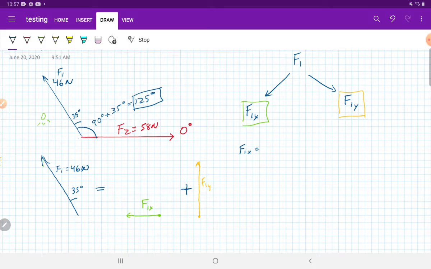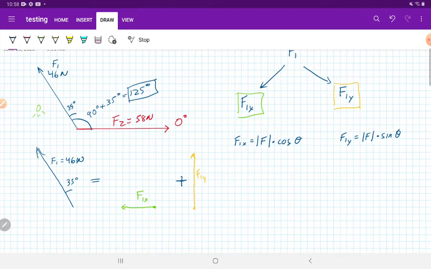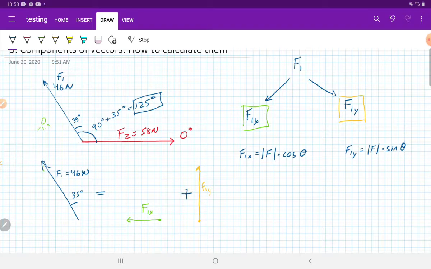F1x is equal to the magnitude of the force, which in this case is 46. Magnitude is the number, times the cosine of the angle. The force 1 in y is the magnitude of force times the sine of the angle. You will never be given these equations, but they're not hard to remember.